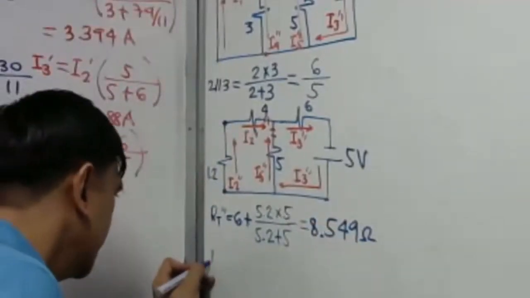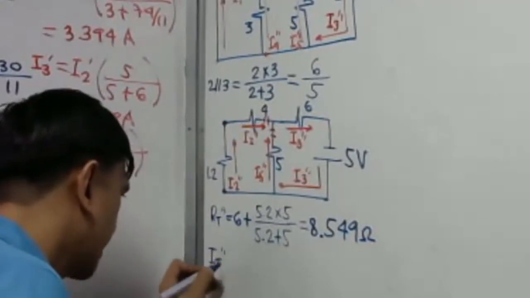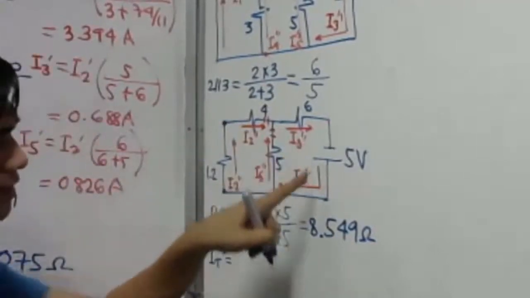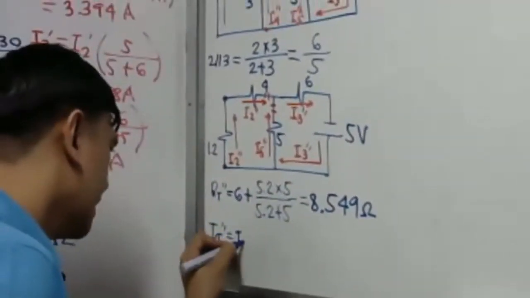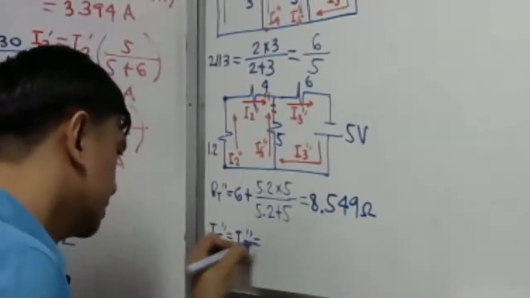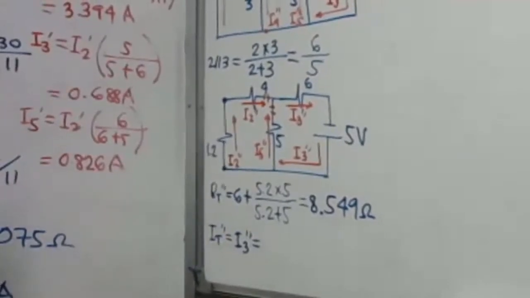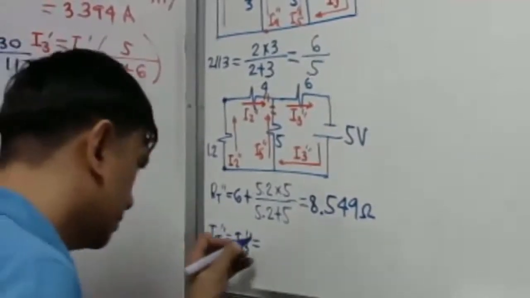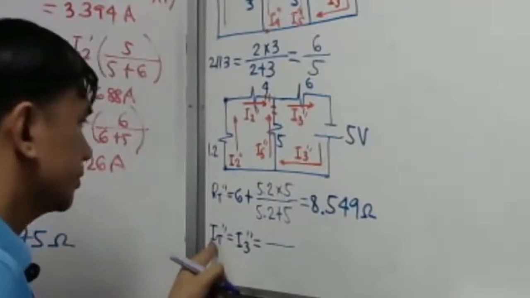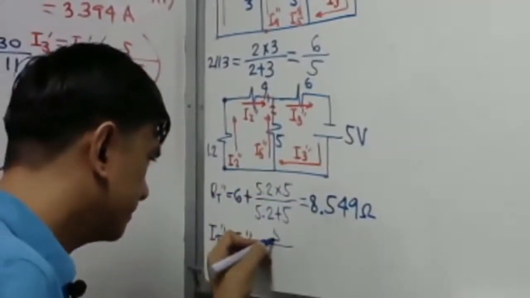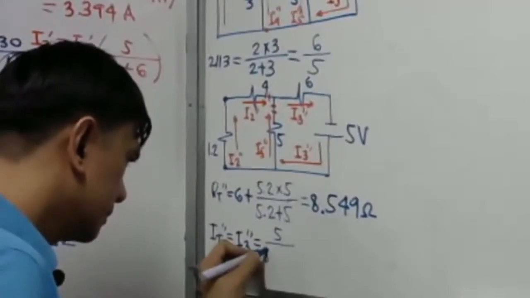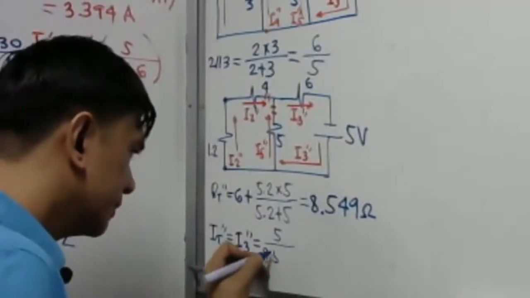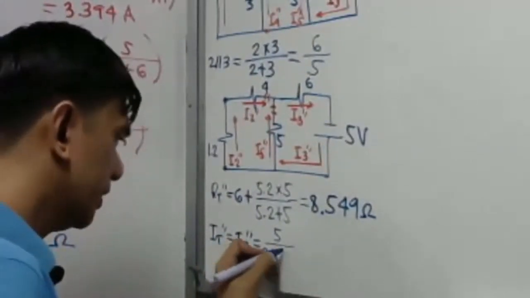Let us calculate now for I total double prime, which, looking at our circuit, is simply equal to I3 double prime. So that is equal to what now? Of course, Ohm's law. Our total voltage is simply 5. Our total resistance is 8.549.